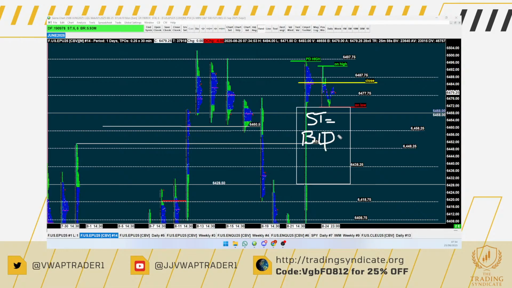We call them bids because shorts are bid to cover. That's how you close a short transaction: you have to buy it back, right? So there are bids here and shorts are bid to cover. That's why there's support.